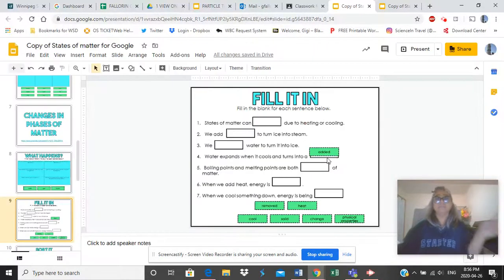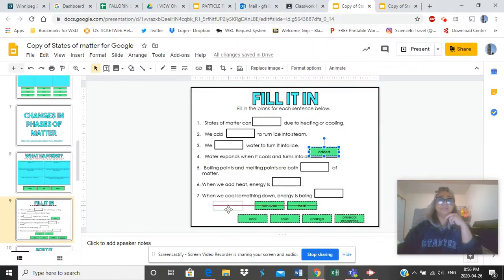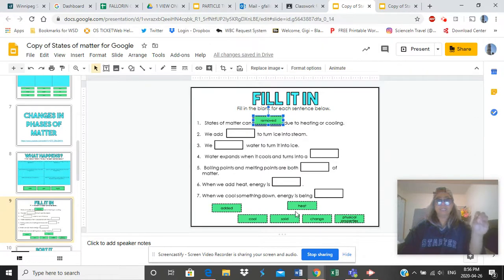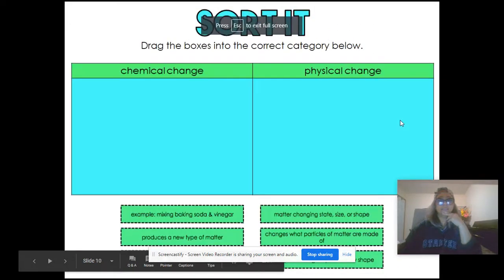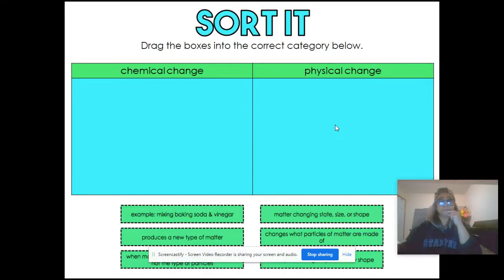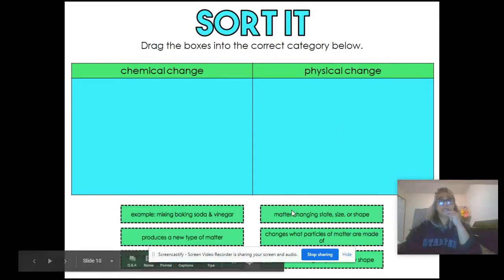So let me see here. Maybe that's not the correct answer. Maybe this one is the correct answer. So you just put it in the proper box and hopefully it fits exactly, the green into the white boxes. Now, chemical change, physical change. So try and give it a thought, okay?